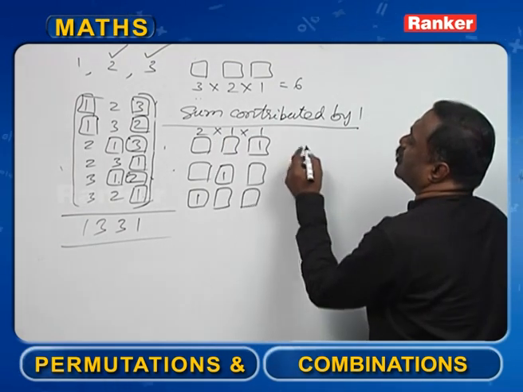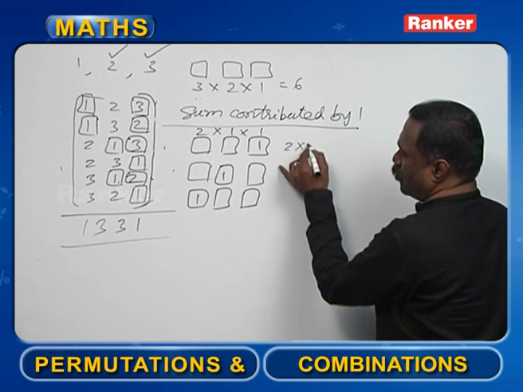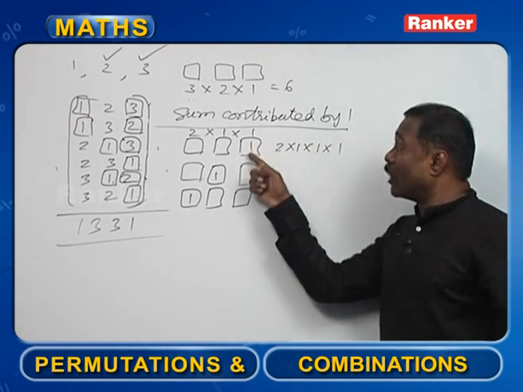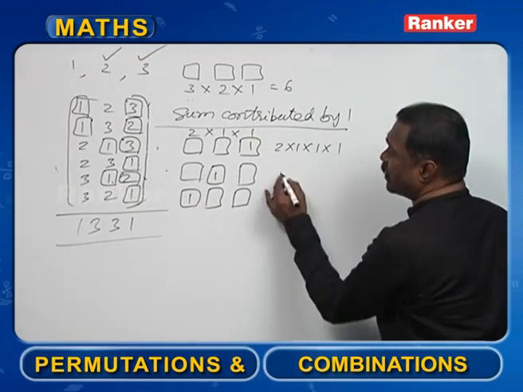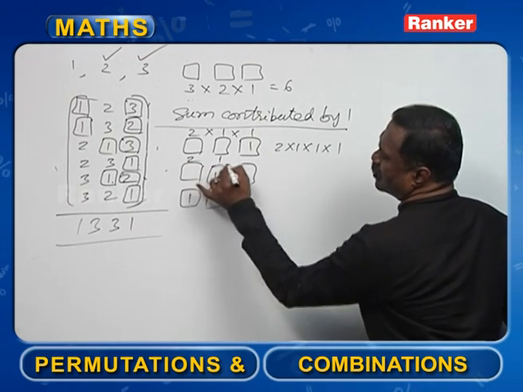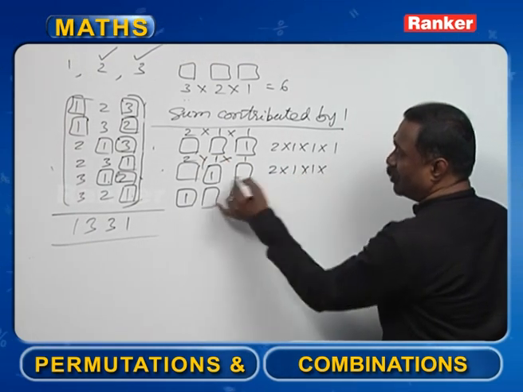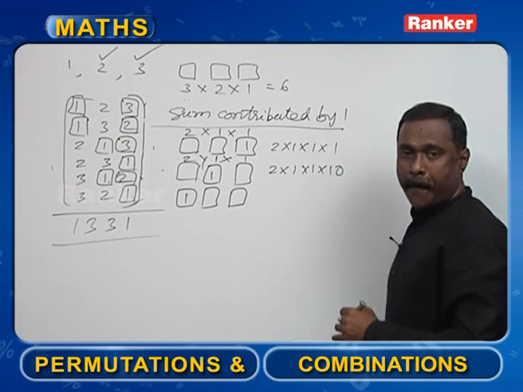Now, what is the sum contributed here? It is 2 into 1 into 1, and 1 in the 1's place. In this case also 2, this is 1, this is 1. So, this is 2 into 1 into 1 into 10.